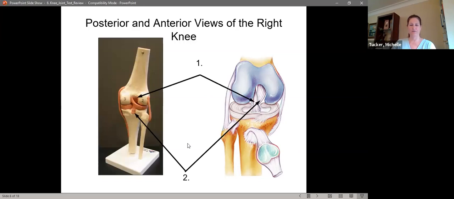Okay, so which number is our ACL? 1. And that makes PCL number 2. Very good. So anterior cruciate ligament is on the front, posterior cruciate ligament originates on the back, on the posterior.